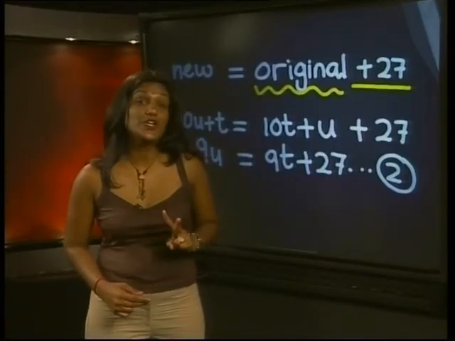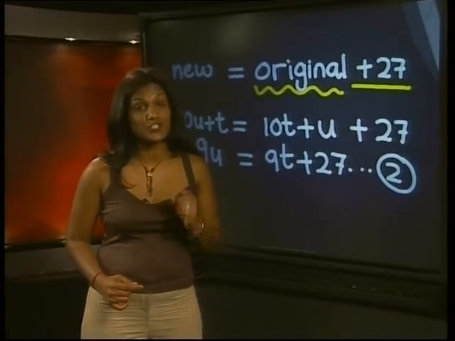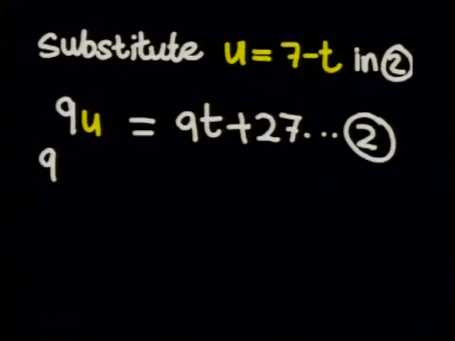Again, we have two equations that we will solve simultaneously. I plan to use the substitution method. From equation 1, we can write U is equal to 7 minus T. So we'll use this to substitute into our second equation. Now I have that 9 multiplied by 7 minus T is equal to 9T plus 27.